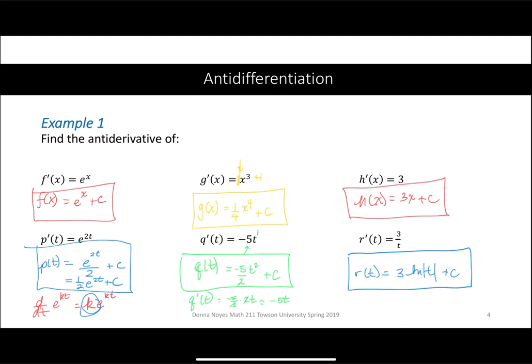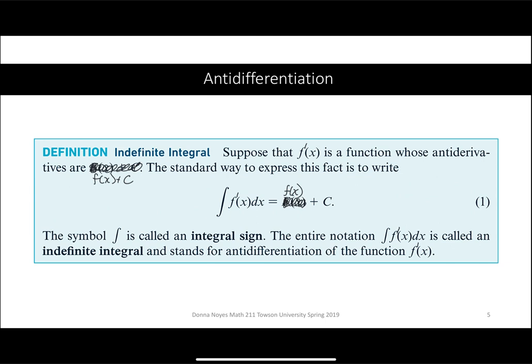I think after exploring some ways to find some antiderivatives, it would be helpful to have some notation to tell us that that's what we're trying to do. So what we're going to do now is we're going to define an indefinite integral. Suppose that f prime of x is a function whose antiderivatives are f of x plus c.